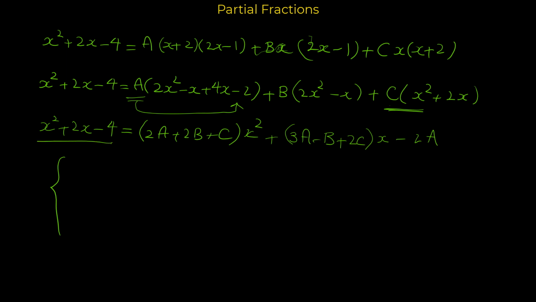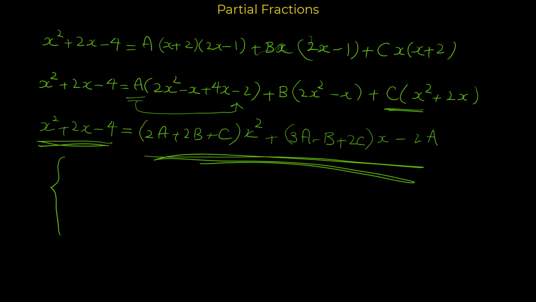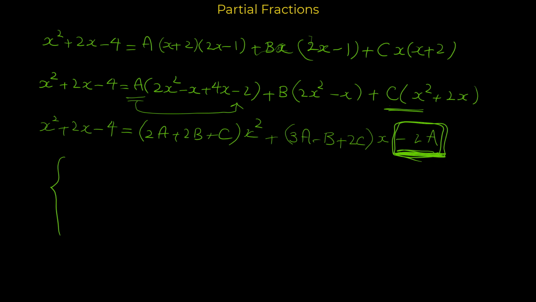We look at the left side and the right side, and we equate the coefficient of every term with the corresponding term on the other side. For example, on the right side we have negative 2a, which is the only constant term, and on the left side, the only constant is negative 4. So negative 2a equals negative 4.